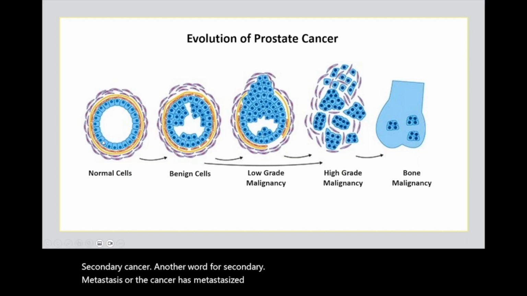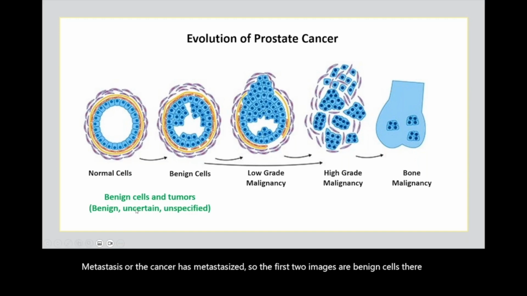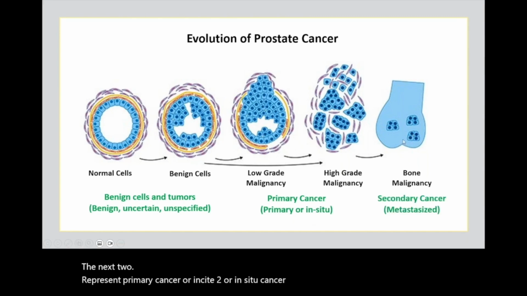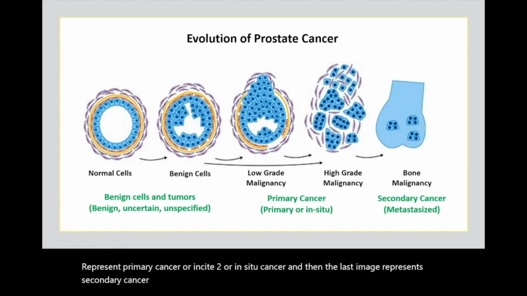So the first two images are benign cells. They're uncertain cells or unspecified cells. The next two represent primary cancer or in situ cancer. And then the last image represents secondary cancer.